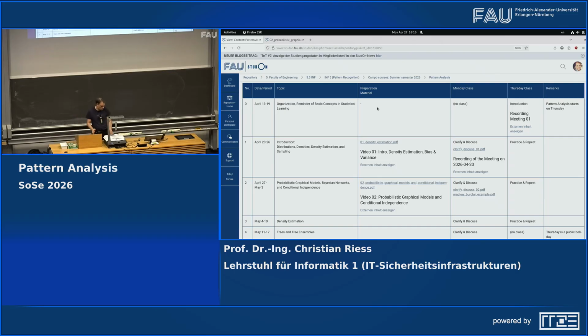I also, in the video, was mentioning this example with the burglar and the earthquake and so on. So I brought a book that spells this out step by step, also numerically.